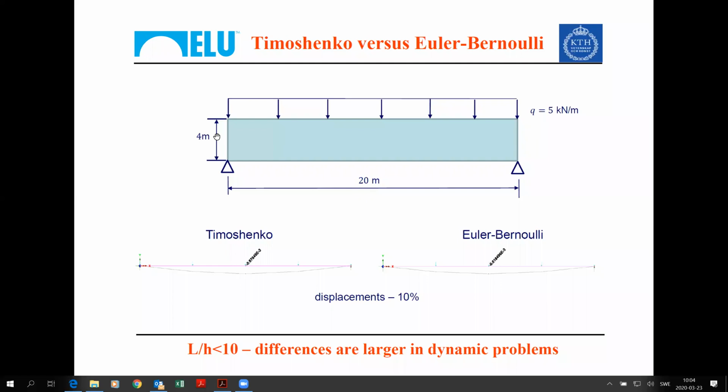So from heights equal to 2 meters and upwards for this length, I would need to bother about the difference between Timoshenko and Euler-Bernoulli. Otherwise, the errors will be a couple of percent, and there is no problem with that.